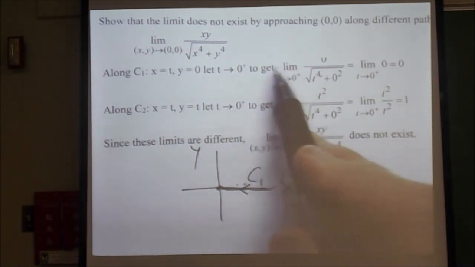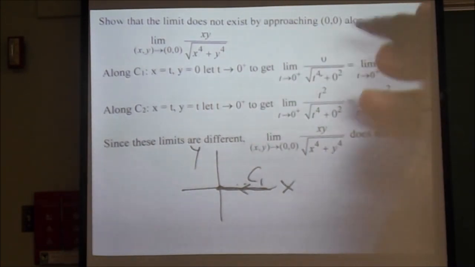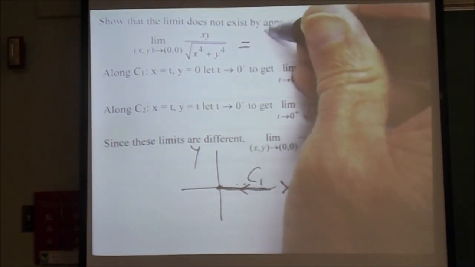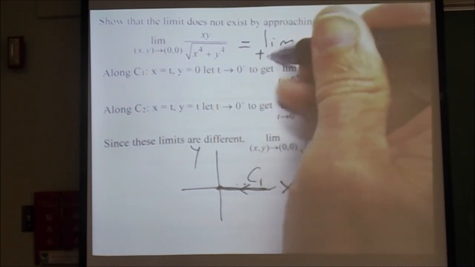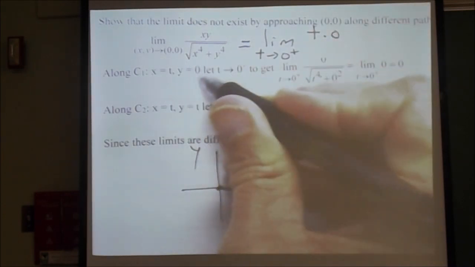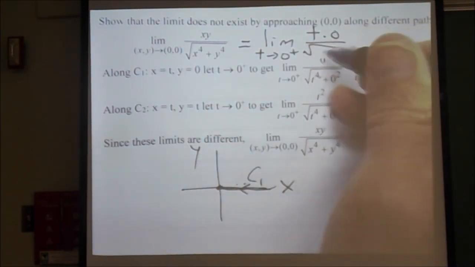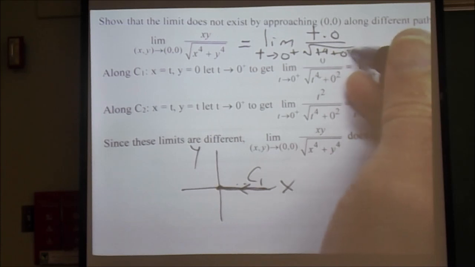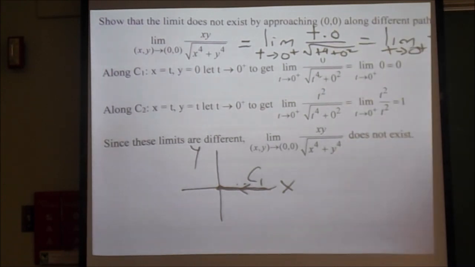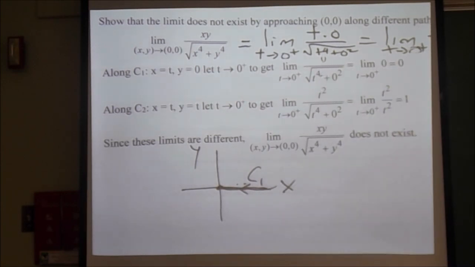If we rewrite this with x equals t, this will be the limit as t goes to 0 from the right of t times 0, over square root of t to the 4th plus 0 squared, which is the limit as t goes to 0 from the right of, well, the top is 0 always for any t, 0 over t squared. The limit of 0 over anything is equal to 0. That's how I evaluated this limit here.